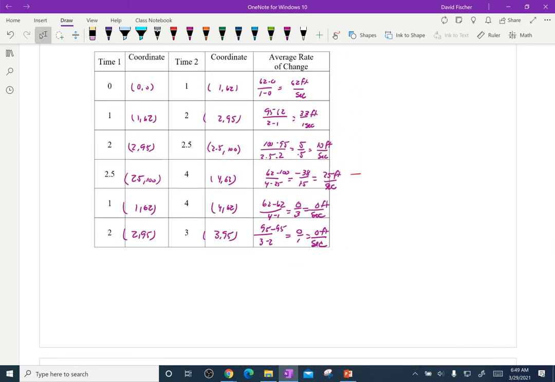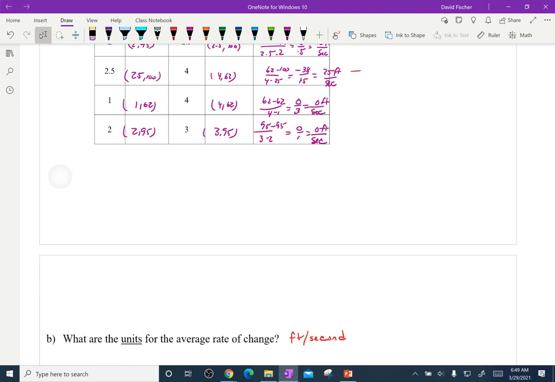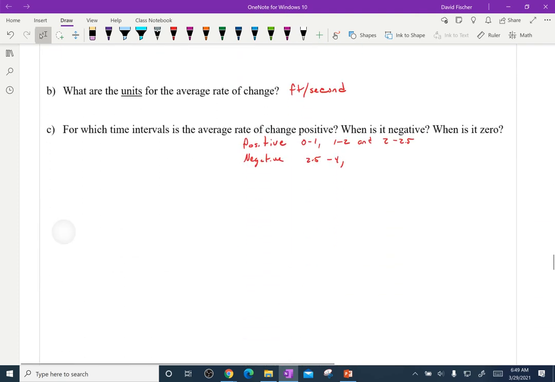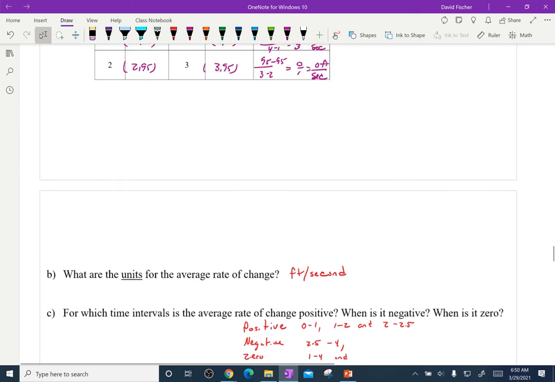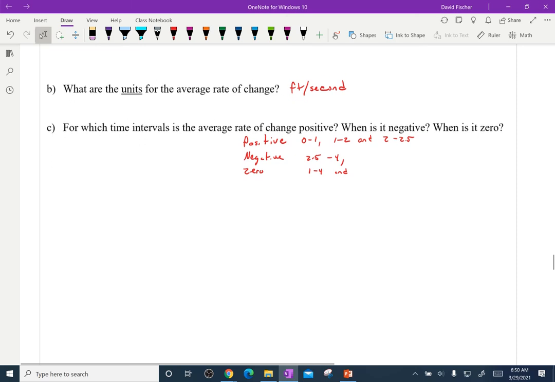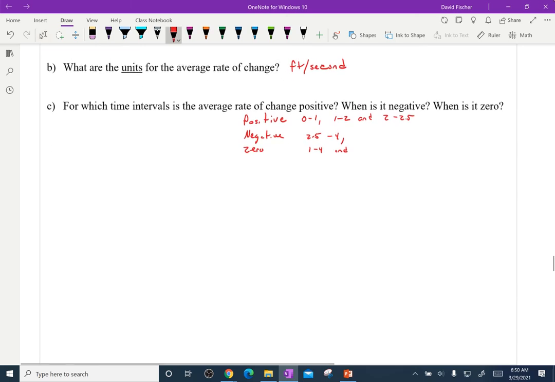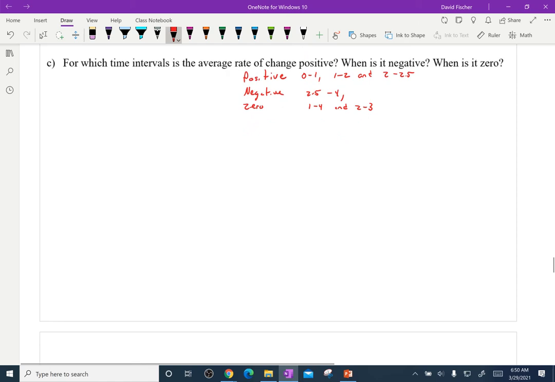And I think that was the only negative one I had, because I see my negative sign right there. This was 0 and this was 0, so that was it. Where was it 0? From 1 to 4. And I had another 0 from 2 to 3. Okay. Answered that one.